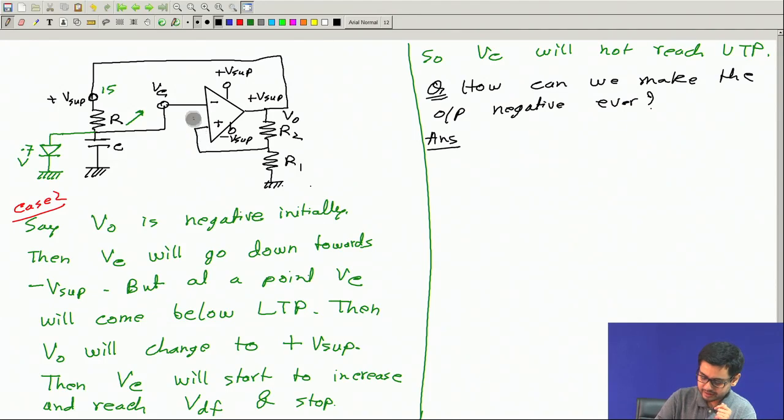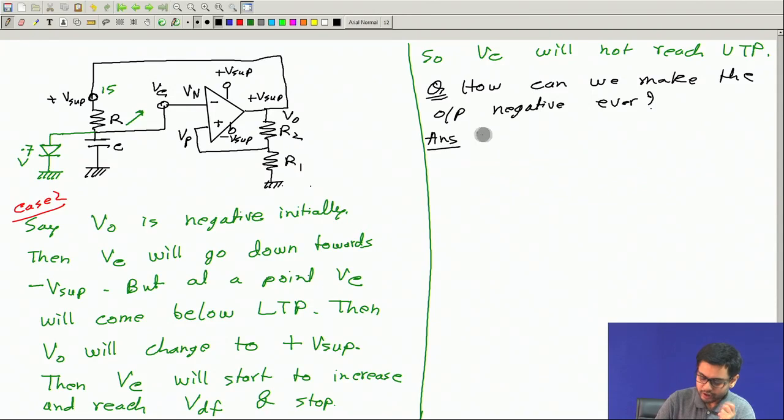And the answer, not the only, but one answer is that if you by force make this higher than this, which means you have to make this voltage, this is called Vp, Vn. So if you somehow make Vp lower than Vn, then the output will be negative.